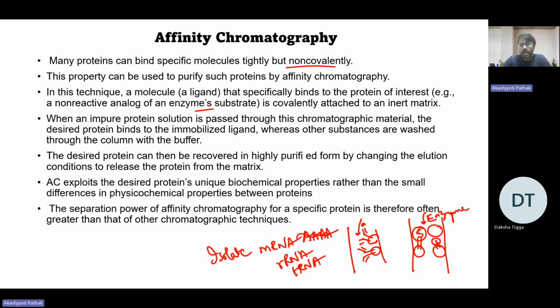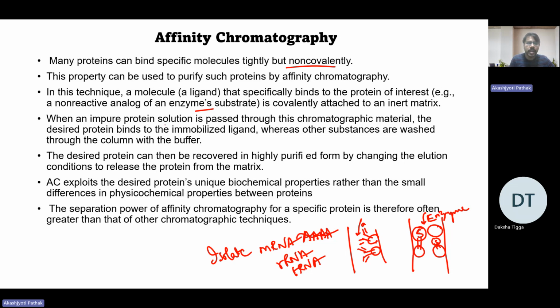So we will learn this. When we study GST chromatography, I will tell you how this enzyme-substrate reaction can be utilized for purification of a protein.